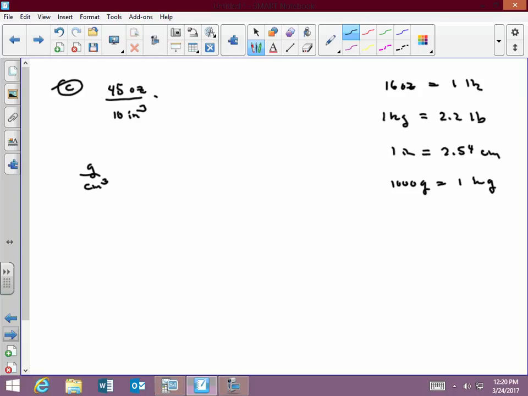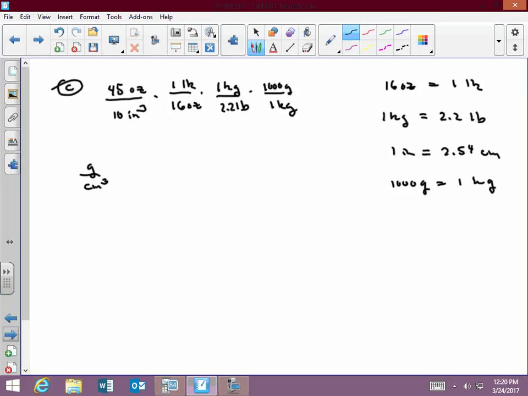So let's work on that numerator. It's going to be 16 ounces per 1 pound. And then we got to do the pounds. So it's 1 kilogram per 2.2 pounds. Now we got it to kilograms, so then we got to go to grams, so we got 1,000 grams per 1 kilogram.